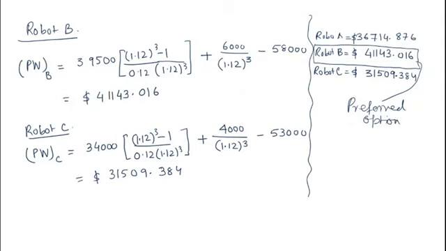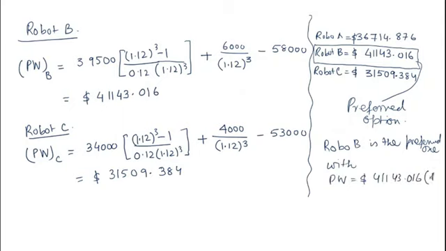The answer is robo B is the preferred one, with present worth coming out to be $41143.016, or these are the net earnings or the cash flow upward.